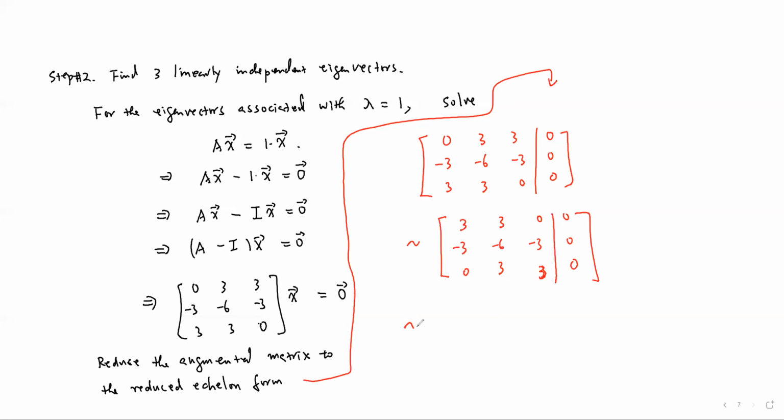Now, positive 1 times the first row added to the second row. Then 0, negative 3, 0. The third row does not change.